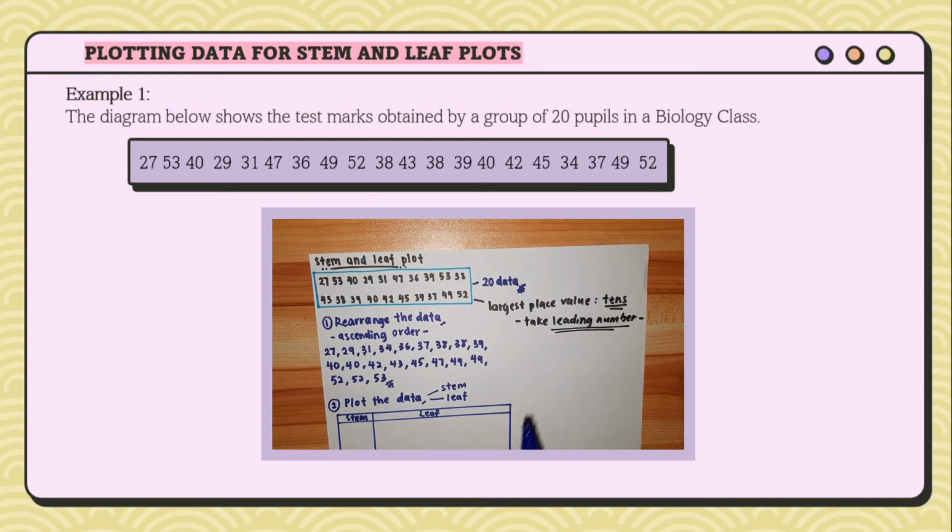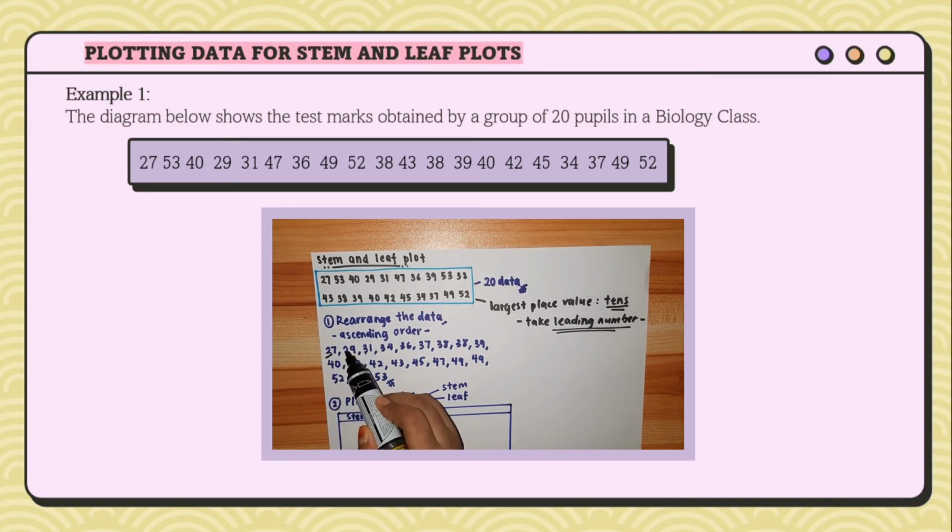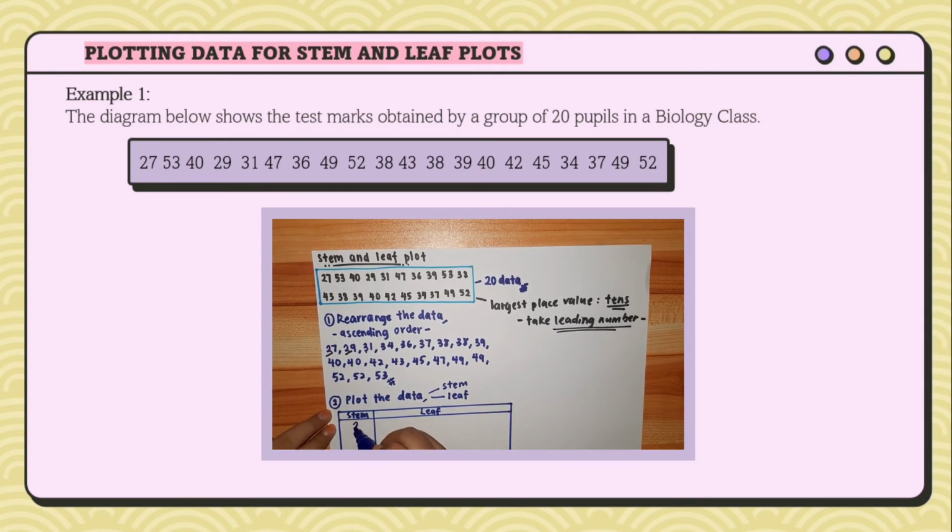Let's identify the stems one by one, starting from 27 and 29. The leading number must be 2. So the stem will be 2 for numbers 27 and 29. You can write down number 2 in the left column under the stem. Then, for numbers 31 until 39, the stem will be 3.